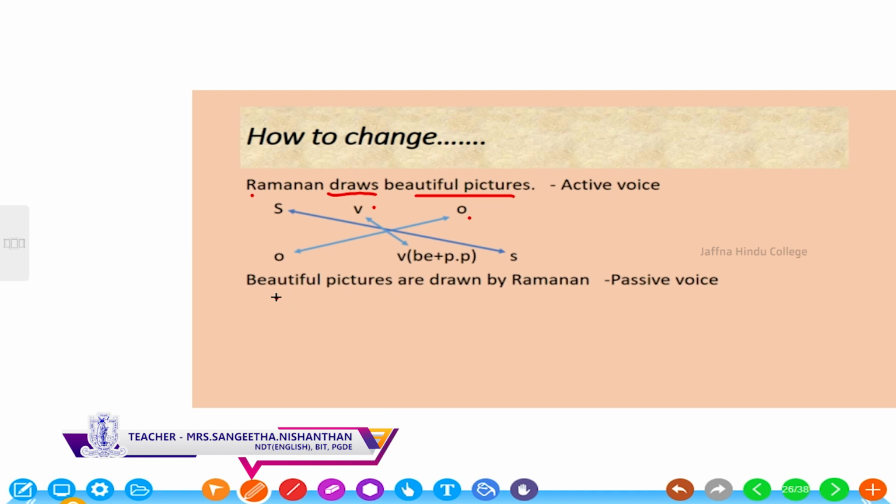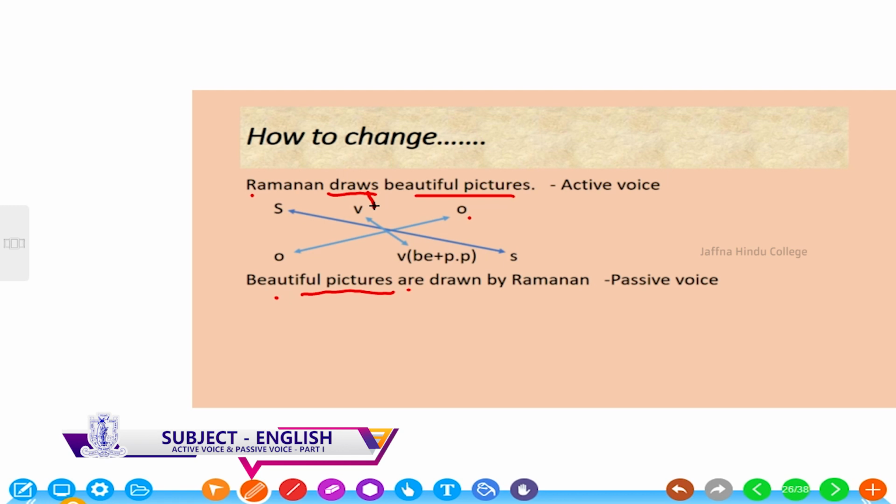The beautiful pictures. It is plural. So, the be verb for simple present tense used is are. Beautiful pictures are, plus the past participle of the main verb. The past participle of draw is drawn. Draw is an irregular verb.